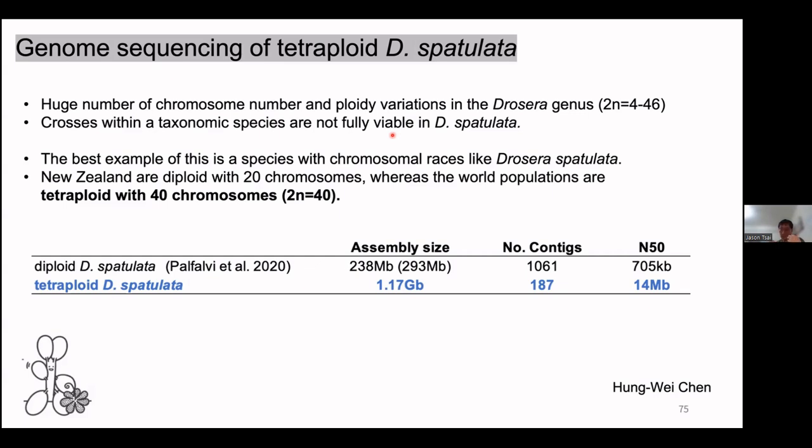So the updated assembly has an impressive size of 1.17 gigabase with high contiguity, and hopefully we can compare the genomes of the diploid and the tetraploid to open new avenues for really understanding the genetic complexity and adaptive evolution in these plants.